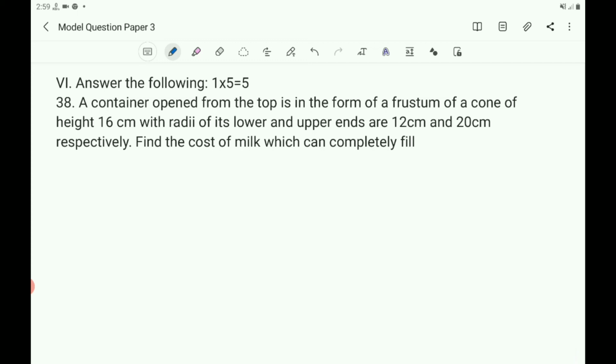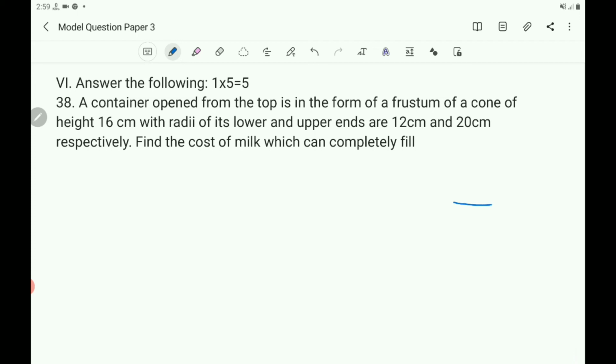Find the cost of milk which can completely fill it. Here the lower radius is 12 cm and the upper radius is 20 cm.